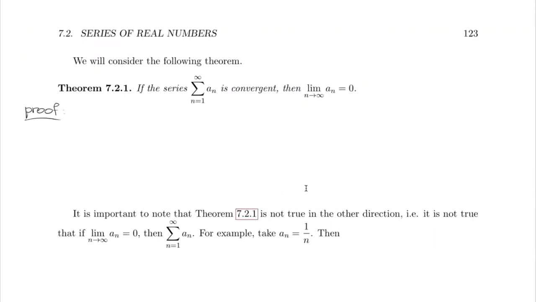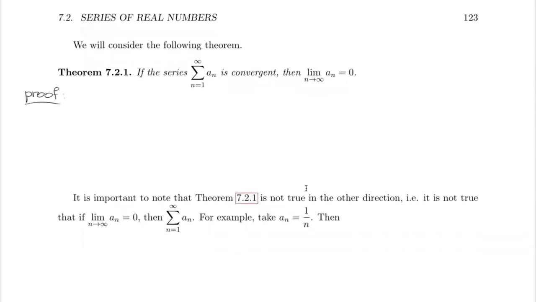So let's say that since this series is convergent, then what does that mean? That means the sequence of partial sums is also convergent.